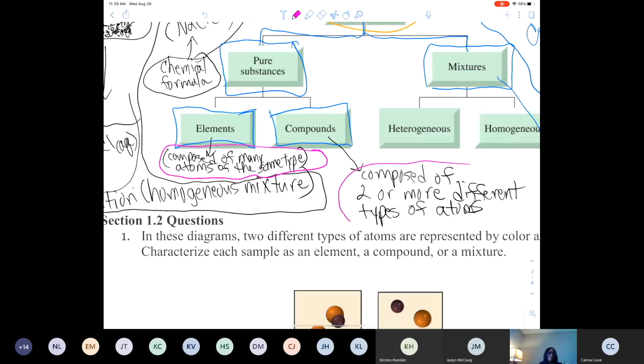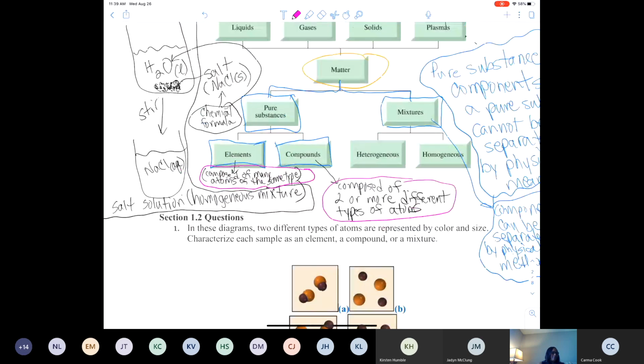Compounds, on the other hand, are composed of two or more different types of atoms, whereas elements are composed of many atoms of the same type.